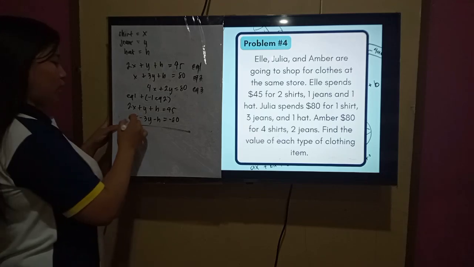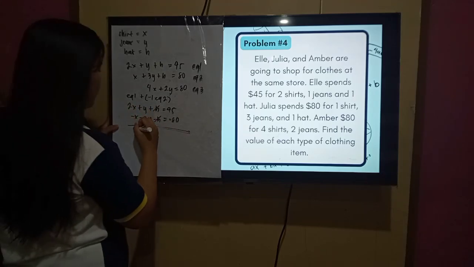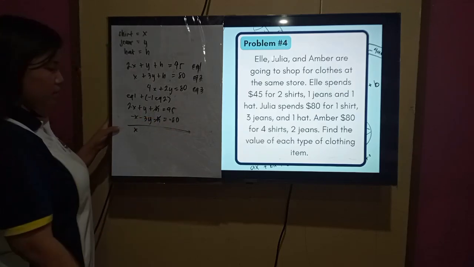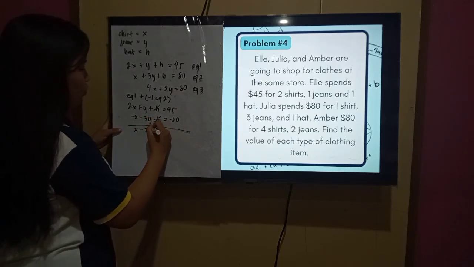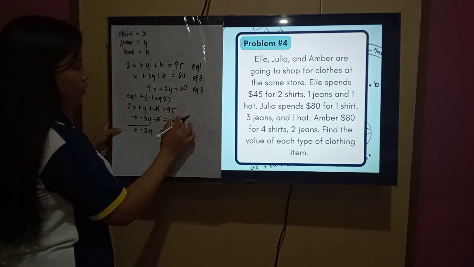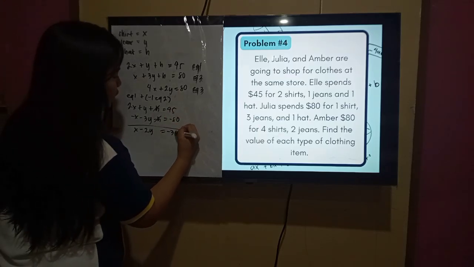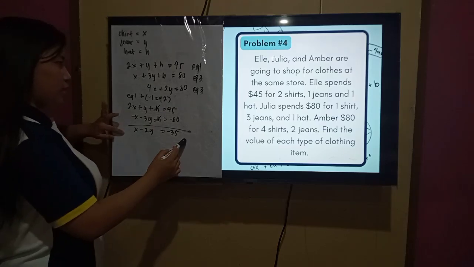So now, let's cancel this. What remains is X minus 2Y is equals to negative 35. So, we have another equation.